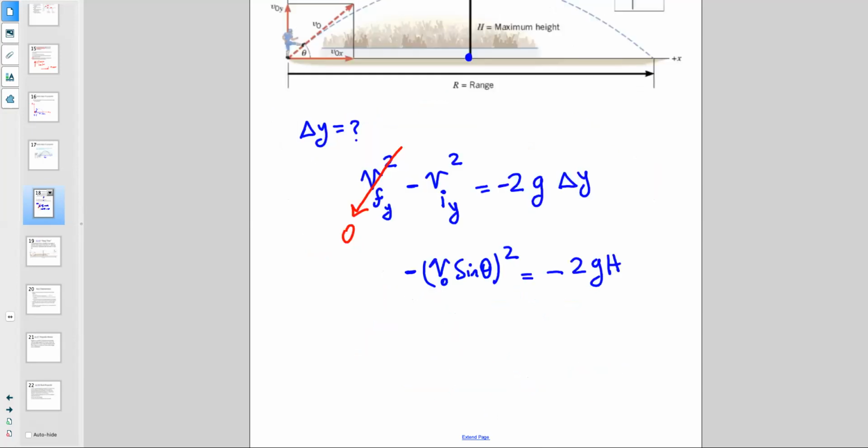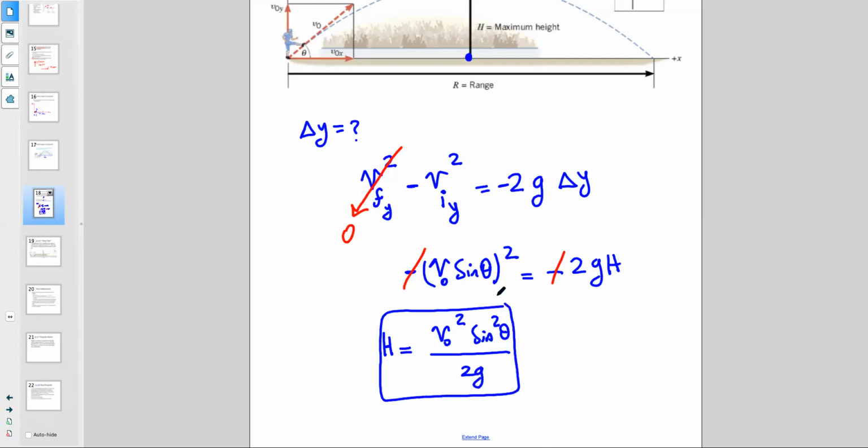And now this negative and this negative will cancel out. And then what you have is h, the height of that point, equals v0 squared sine squared theta over 2g. And that's the height of that point.